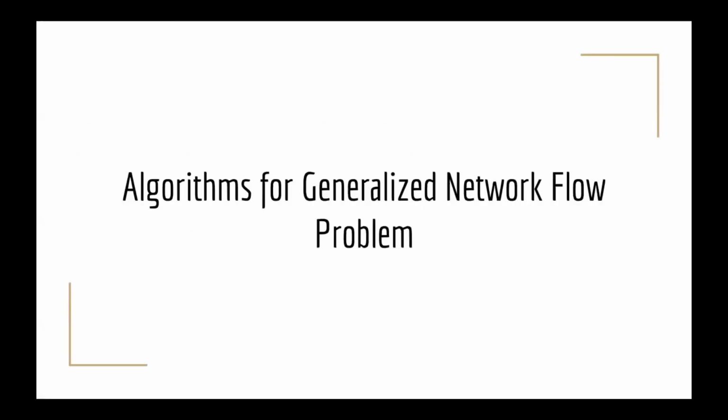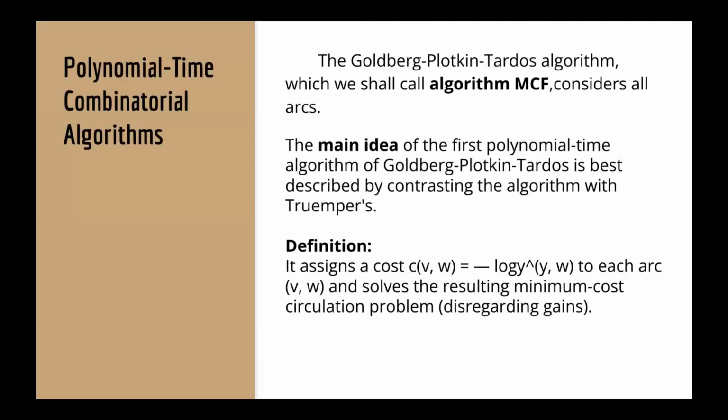And here we will briefly outline 2 important algorithms for the generalized network flow problem. The polynomial time combinatorial algorithm. The Goldberg-Plotkin-Tardos algorithm, which we shall call algorithm NCF, considers all arcs.